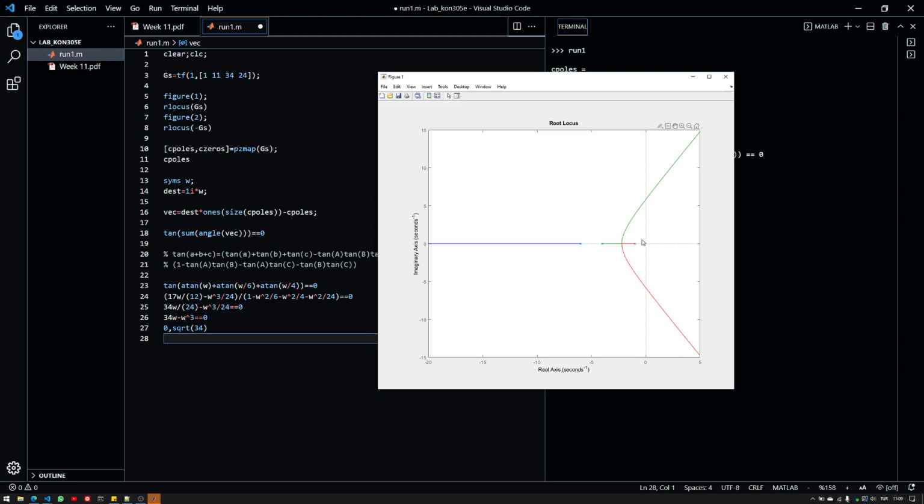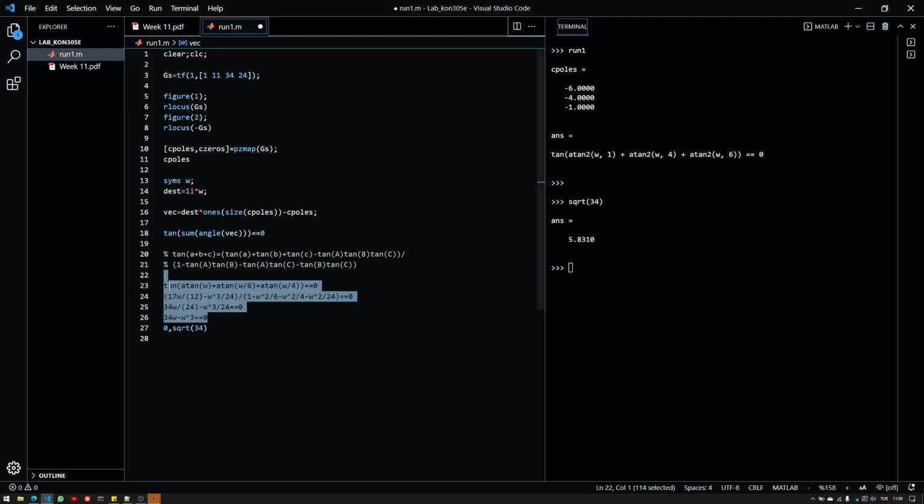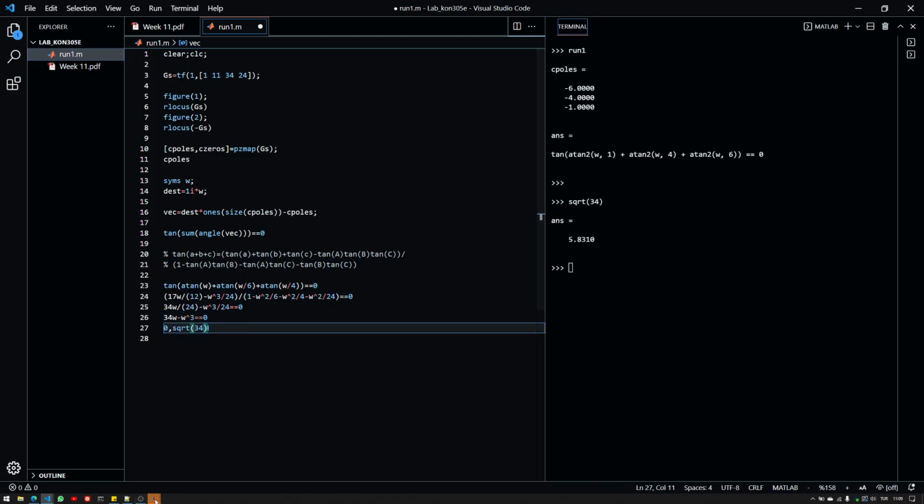So this is pretty much important, and we have completed the first part where we acquired the point of crossing. So this is now our destination point.